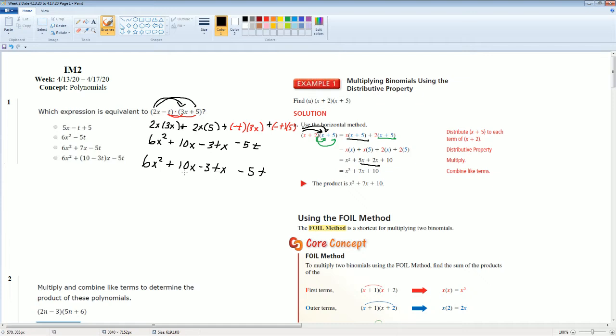You can't technically add these, but there is a like term here. The 10x and the negative 3tx have something in common, okay? What you could distribute out here is actually the x, all right? So you pull out an x here, this becomes a 10, this becomes minus 3t, all right? Everything else stays the same, okay? So your answer would be the fourth one, all right?